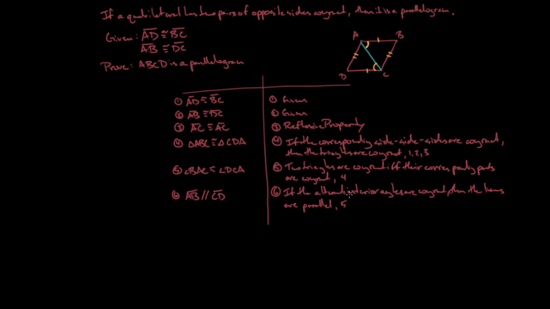Then I'm just going to do the exact same thing for this other pair of angles. Angle DAC, this is number 7. Angle DAC is congruent to angle BCA, for the same reason as before: two triangles are congruent if and only if their corresponding parts are congruent.